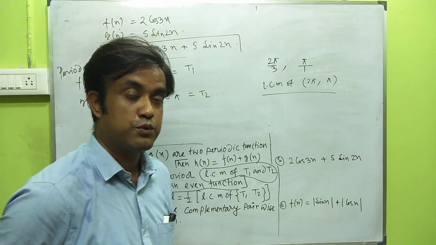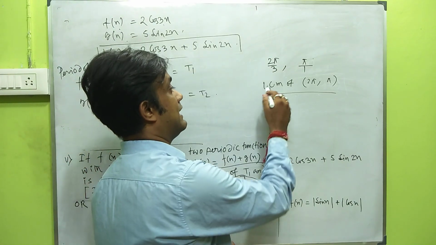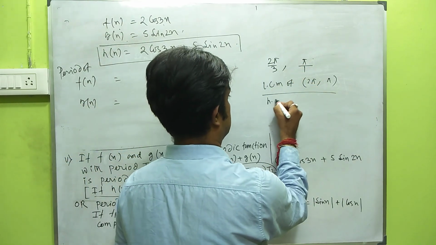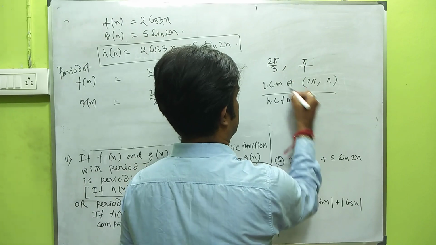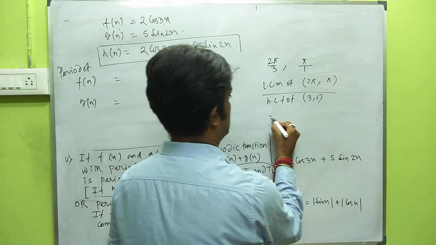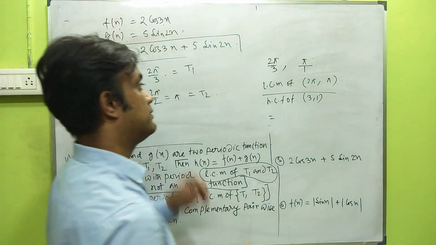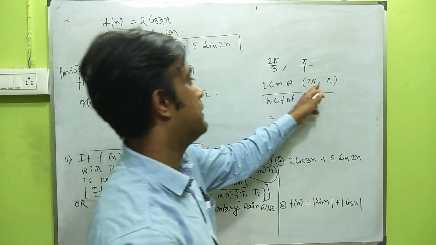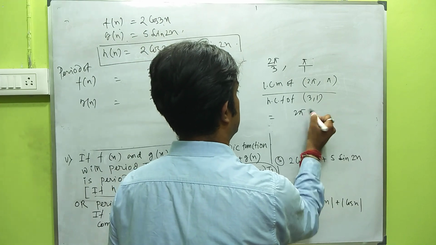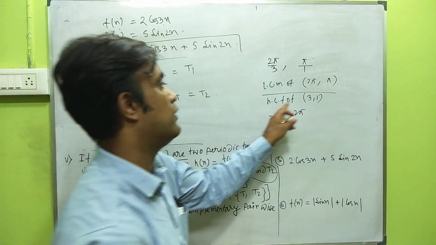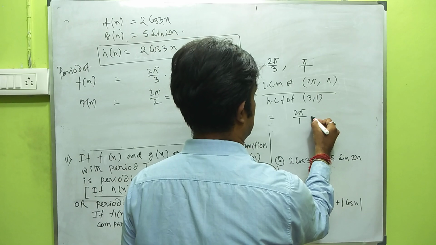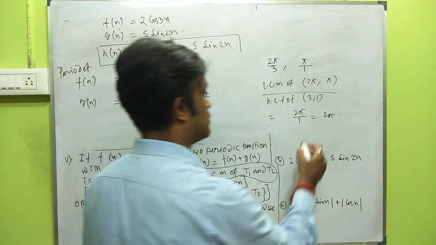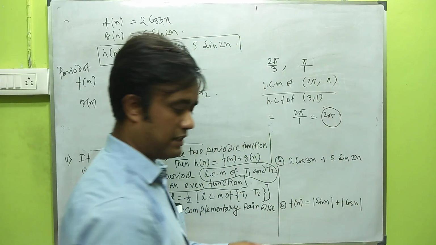To find the LCM of two fractions, we have to find the LCM of the numerators and the HCF of the denominators. So the LCM of 2 pi and pi will be 2 pi, and the HCF of 1 and 3 will be 1, that is, the period of this function will be 2 pi. Now we check this.